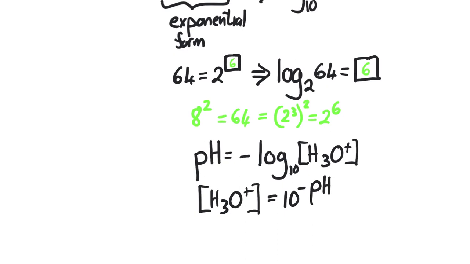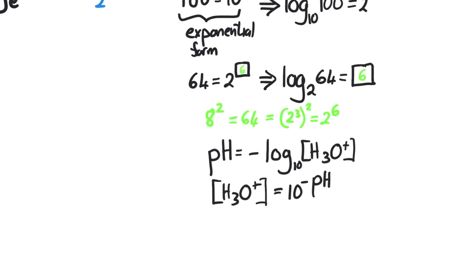Now I don't necessarily expect you to know how to do that yet. Basically, you divide by or multiply by negative on both sides. So this becomes negative pH equals the logarithm of the hydronium ion to the base 10. So the hydronium ion is going to be 10 to the negative pH. So that's obviously in chemistry.